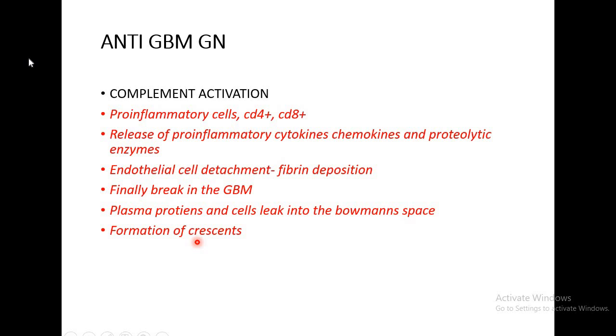This is called crescent formation, and it is a classic feature of rapidly progressive glomerulonephritis, and 90% of the cases of anti-GBM or Goodpasture syndrome will end up in rapidly progressive glomerulonephritis. That is, formation of crescents will be seen in these 90% of cases.